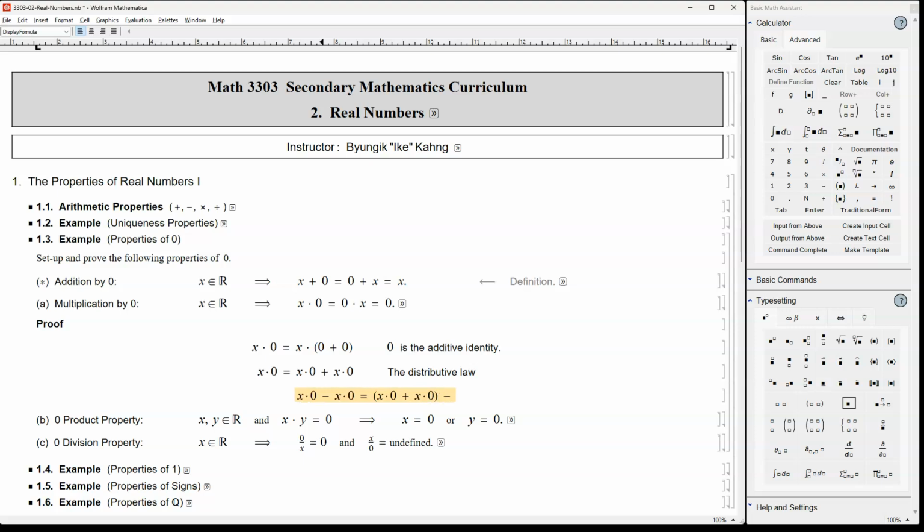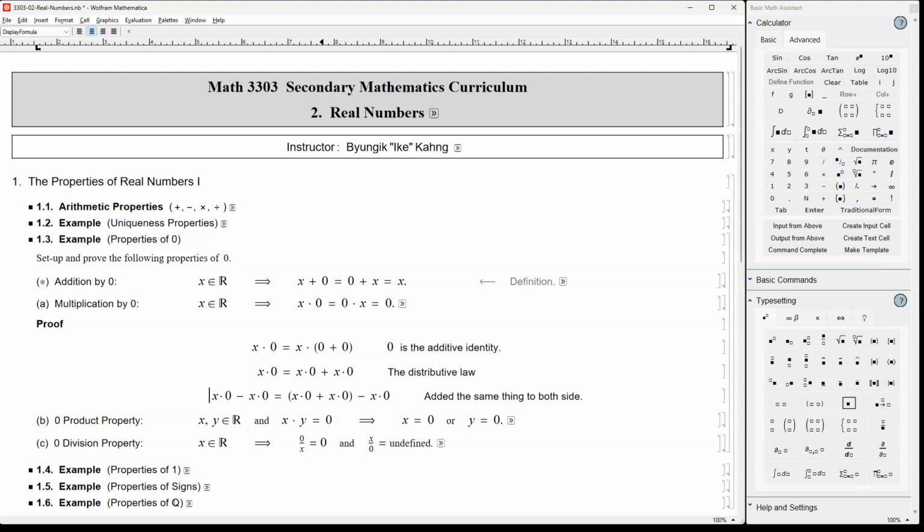Those are there before, and then subtracting, added the same thing to both sides of the equality, and in that case the equality is going to be preserved because the addition is well defined.